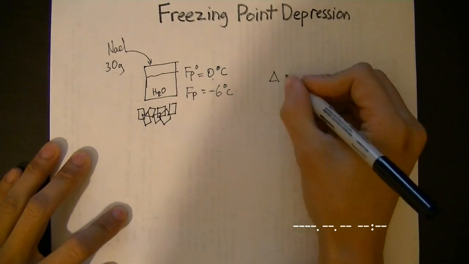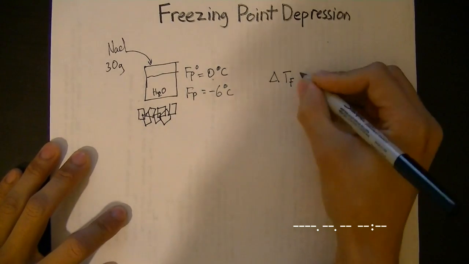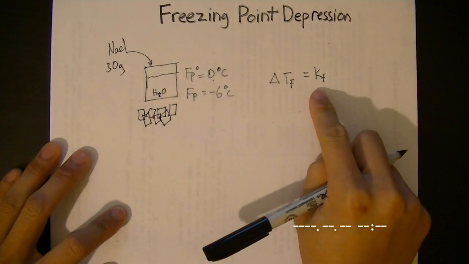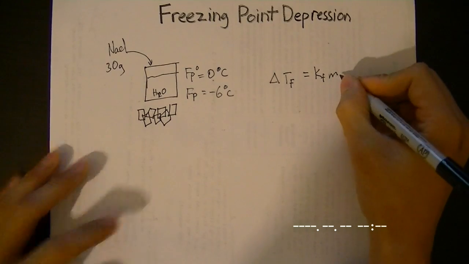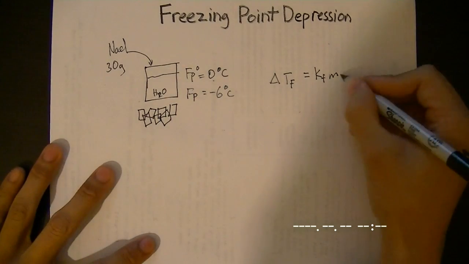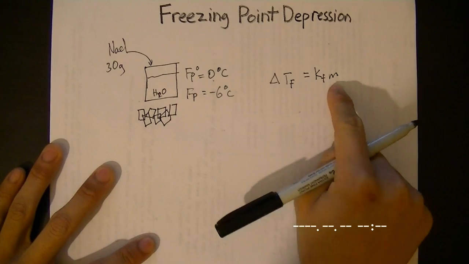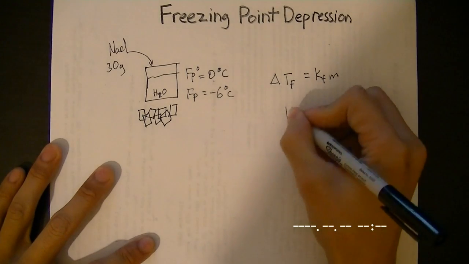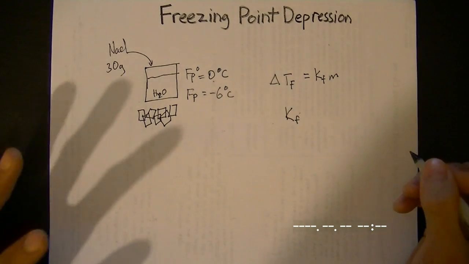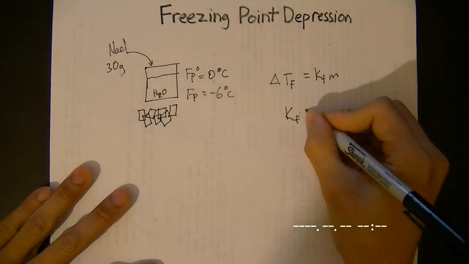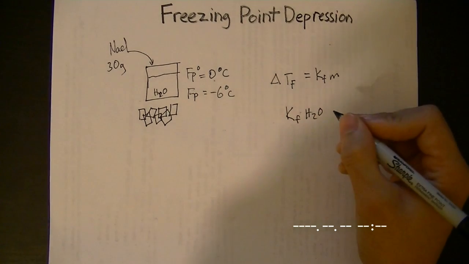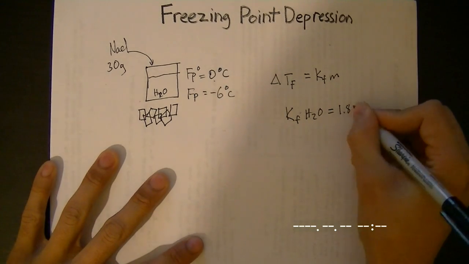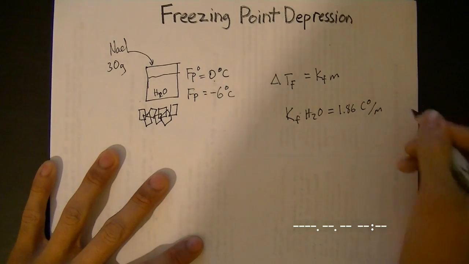Delta TF for freezing equals KF, the freezing point depression constant, times the molality. Again, this is the molality in terms of the solute. And again, just like the boiling point, there is a constant for all solvents. For H2O, the KF is 1.86 Celsius per molal.